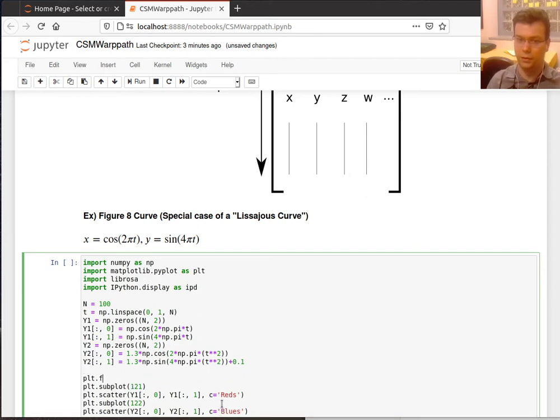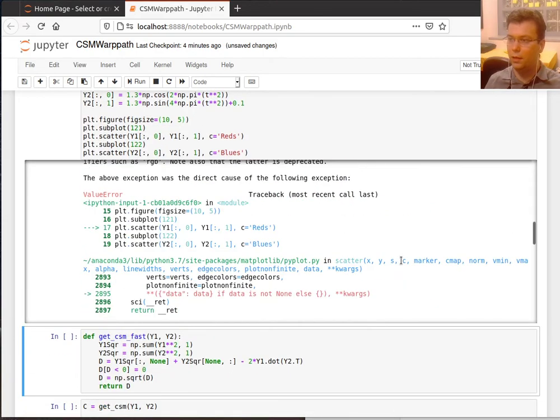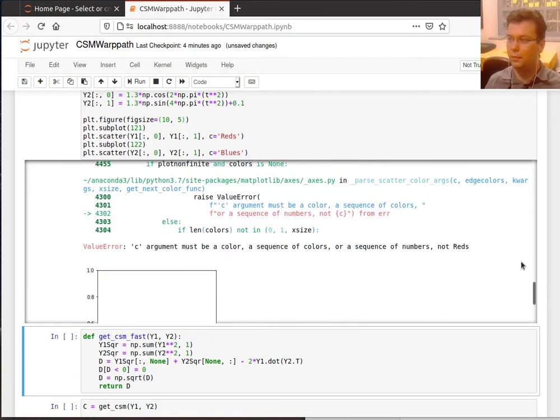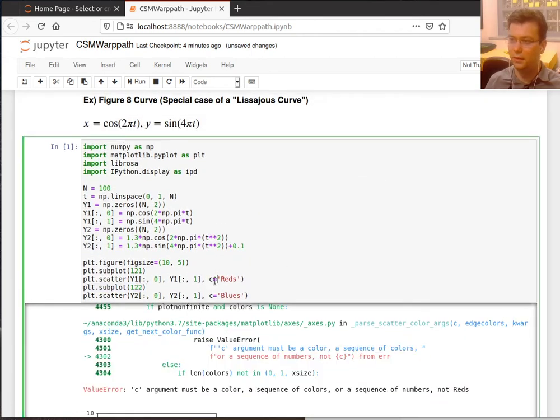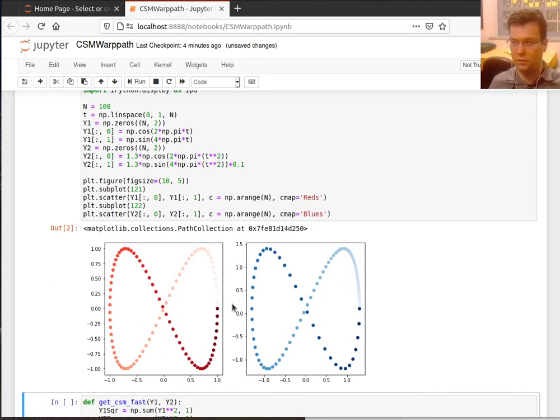Okay, so let's just look at what this looks like. And we see an error. I'm just trying to color the points according to their time. Okay, there we go. Here are the 2 different curves that I get.